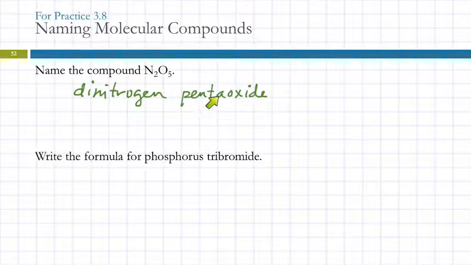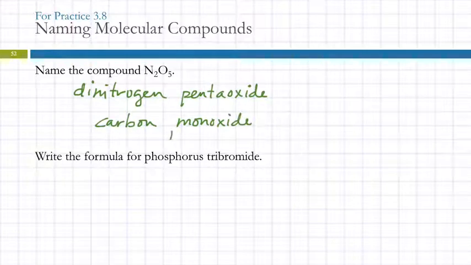Now, sometimes when you get these 2 vowels together, it gets a little awkward, like carbon monoxide. Carbon monoxide is spelled like that. What we mean is carbon monoxide.